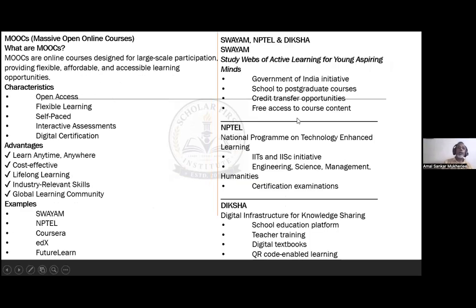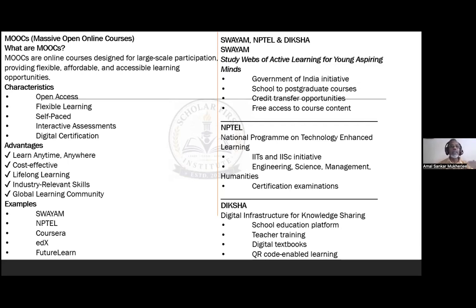Now we are coming on to some very important massive online courses. First, MOOC. MOOC is the massive open online courses. What are MOOCs? MOOCs are online courses designed for large-scale participation, providing flexible, affordable, and accessible learning opportunities.